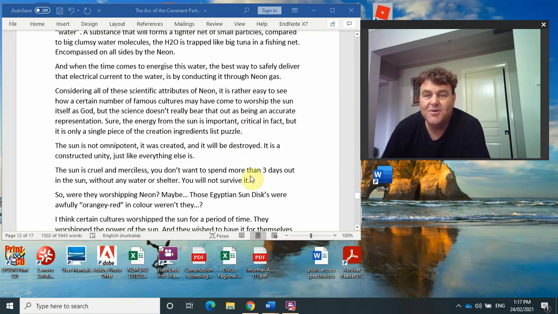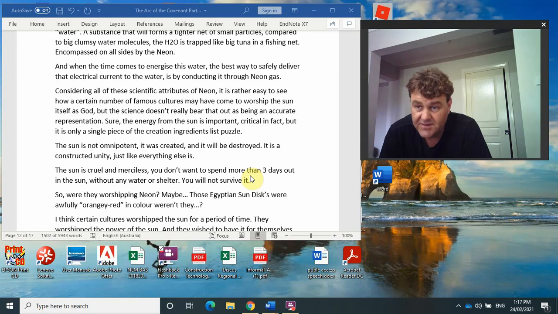Sure, the energy from the sun is important. It's critical, in fact, but it is only a piece of the creation ingredients list puzzle. The sun is not omnipotent. It was created and it will be destroyed. It is a constructed unity just like everything else is.